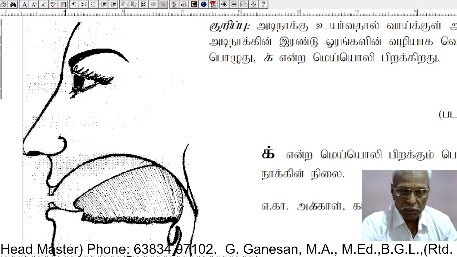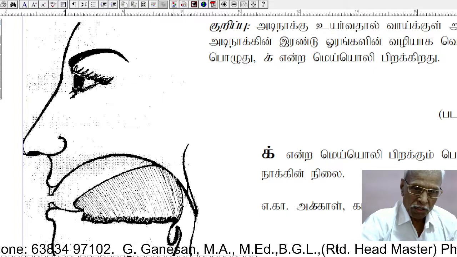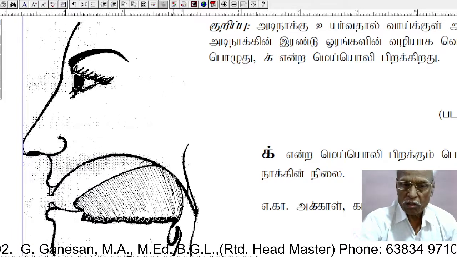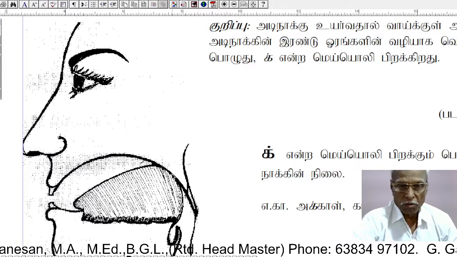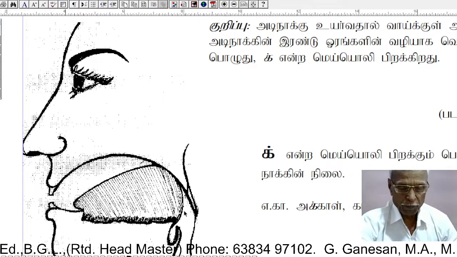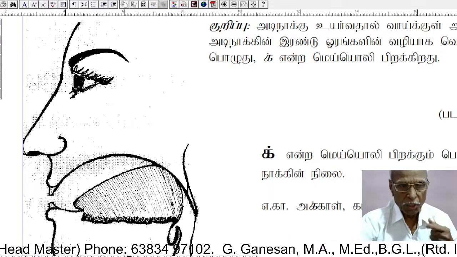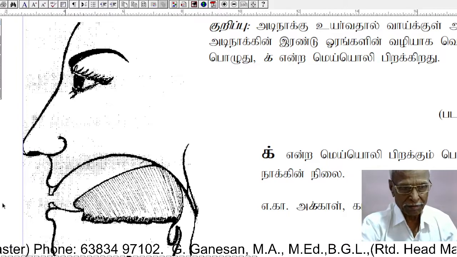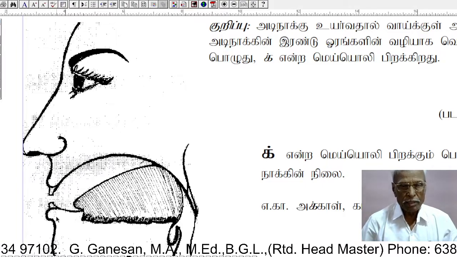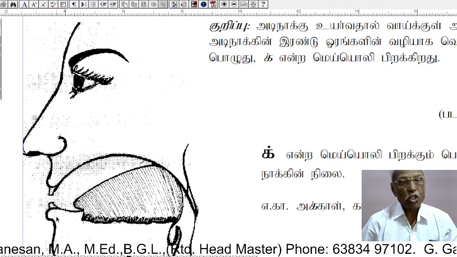See, the back of the tongue is raised to the soft palate and a tight contact is made. Now, when the air in the mouth is pushed out by the vocal cords, the air escapes through the sides of the tongue, making the sound 'ik' with some plosive sound.